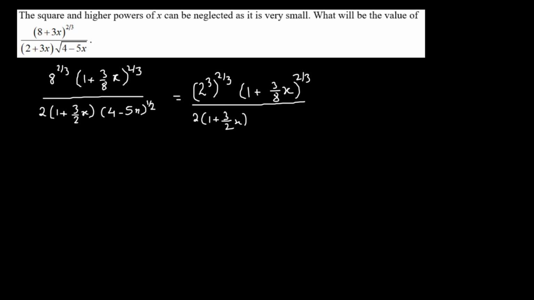Then we take the 4 as the common factor, so we have 4 raised to the power of half times (1 minus 5 over 4 times x) raised to the power of half.